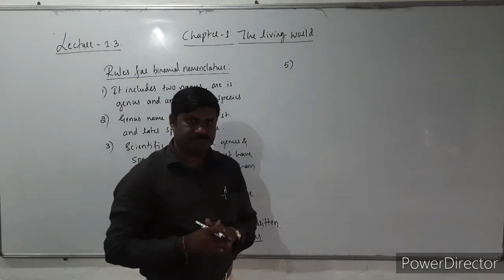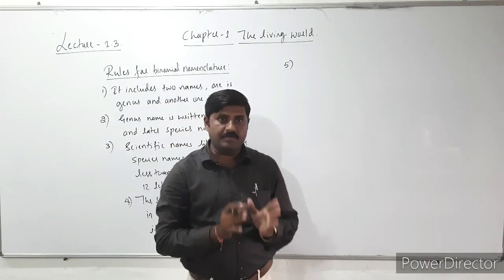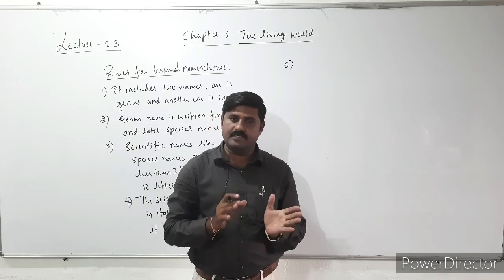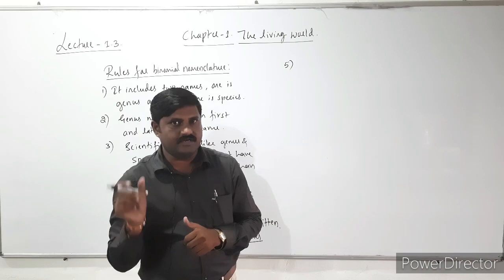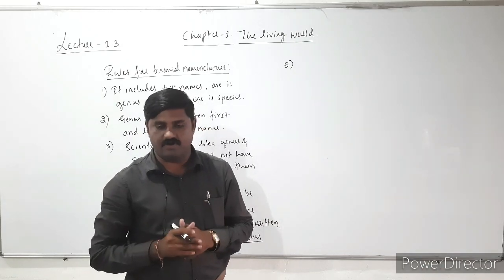And 5th rule, the name of the discoverer is written after the scientific name in abbreviated form.